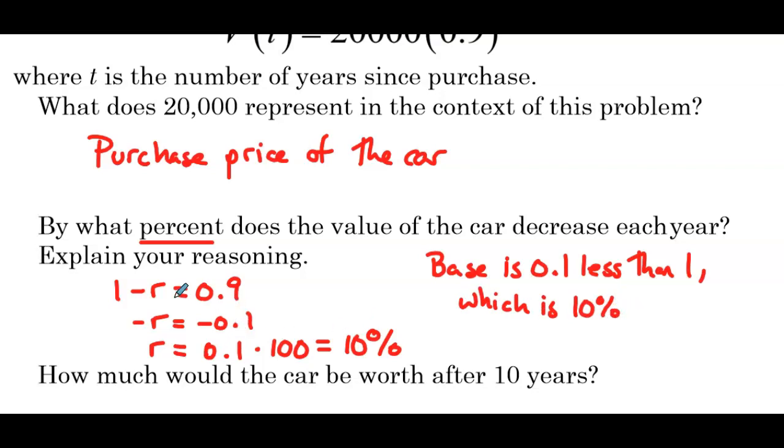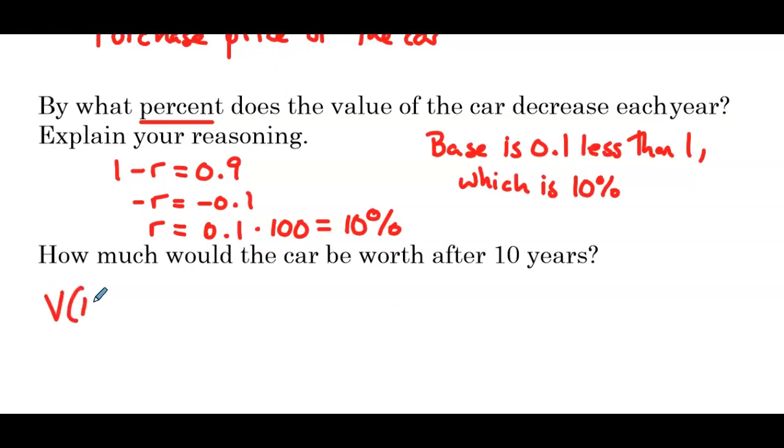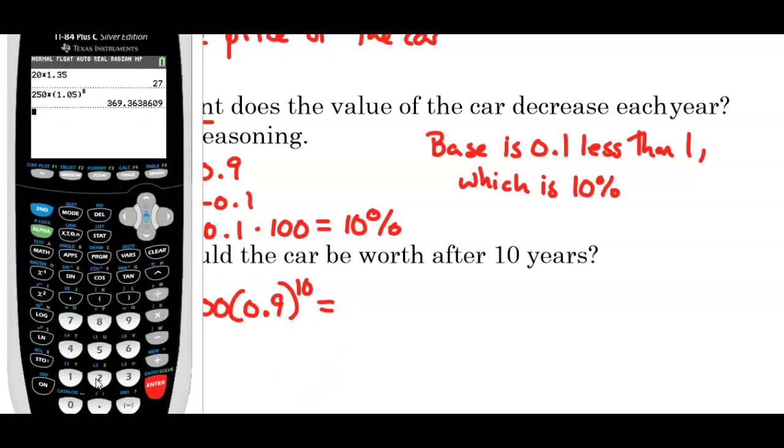How much would the car be worth after 10 years? Okay, so we're going to plug in 10 for t. So V of 10 is 20,000 times 0.9 to the 10. Okay, so 20,000 times 0.9 to the 10th.